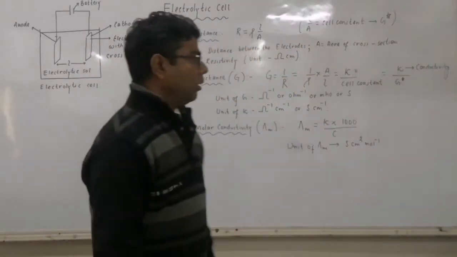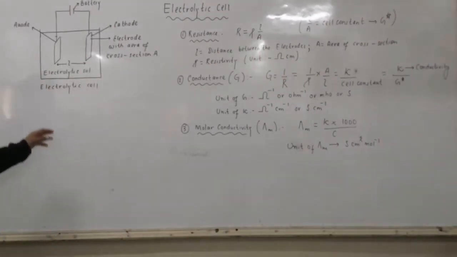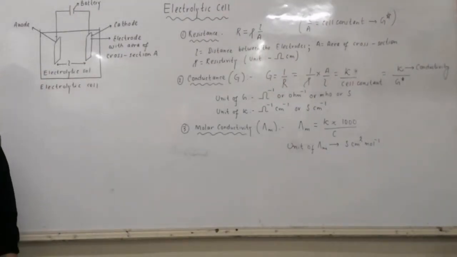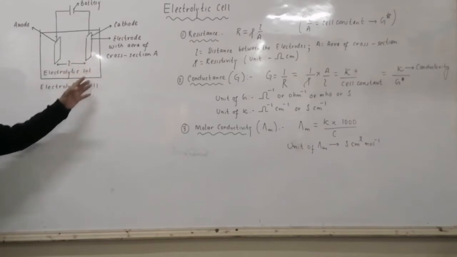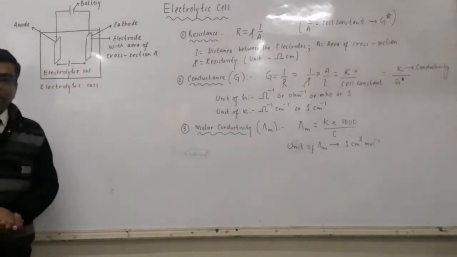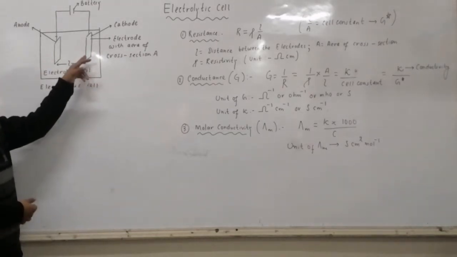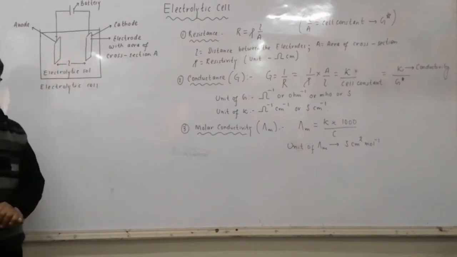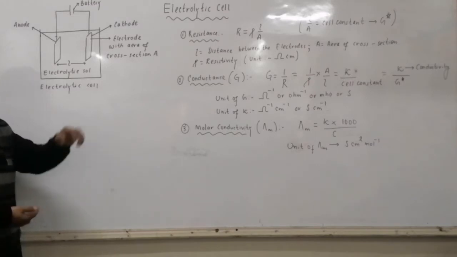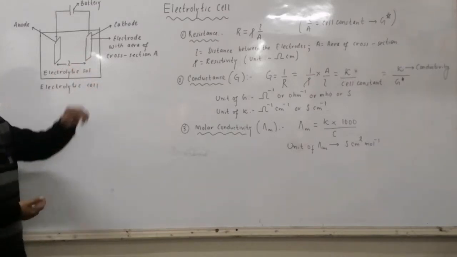So here is your simple setup of an electrolytic cell. We have an electrolytic vessel where we have placed two electrodes. They can be rectangular, square, or circular. Now, these electrodes are connected to the battery.